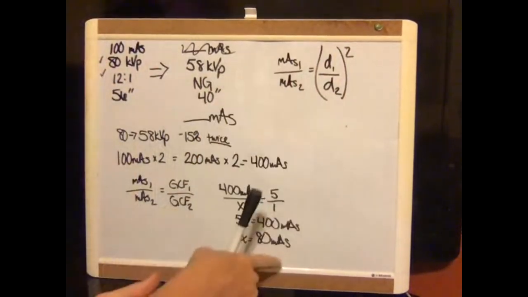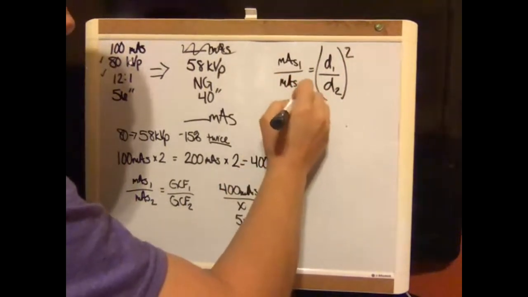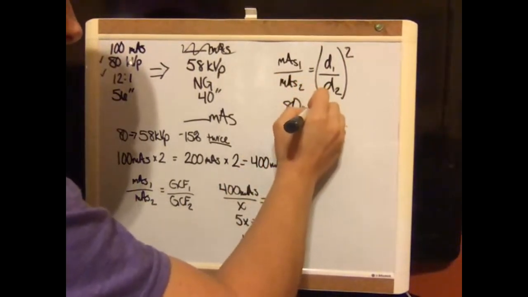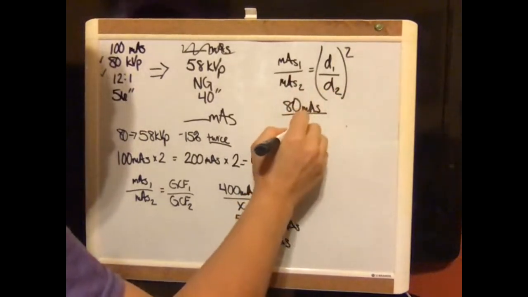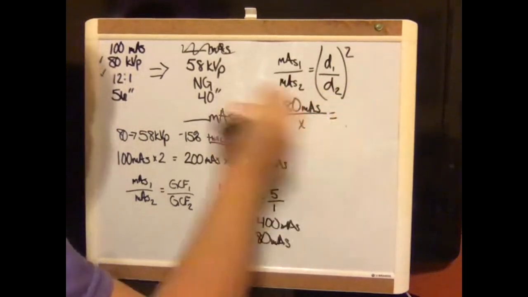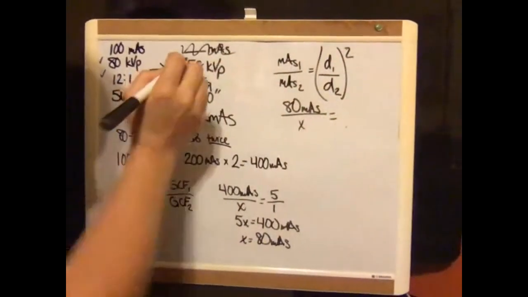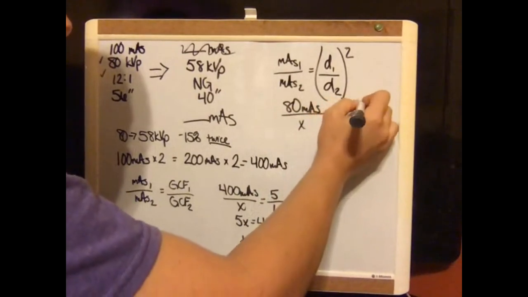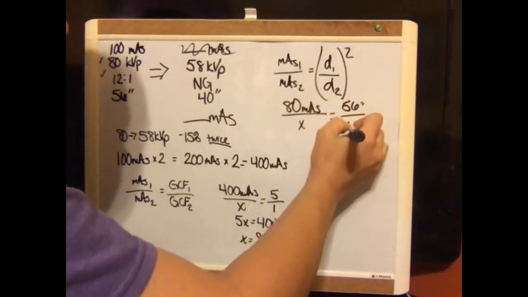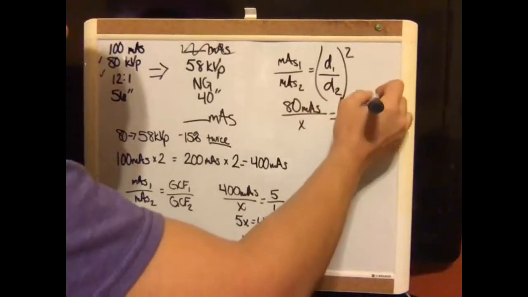Our mAs 1 now is 80 mAs. mAs 2, we're trying to find it. Distance 1 was 56 inches. Our new one is going to be 40 inches. That all gets squared.